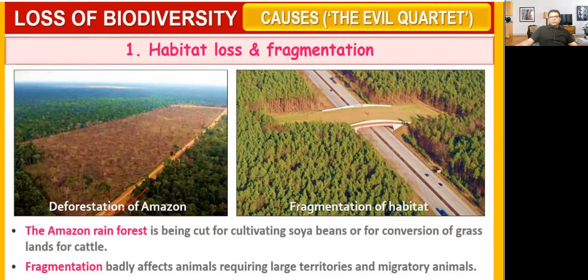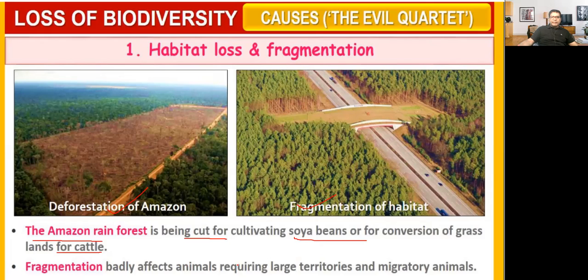Deforestation of the Amazon is fragmenting habitat. The Amazon rainforest is being cut for cultivating soya beans or for conversion to grassland for cattle. They are being cut so that human beings can cultivate soya bean or grow grass for animals grazing.